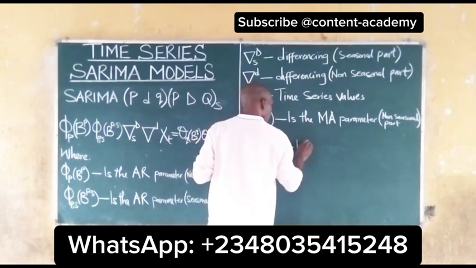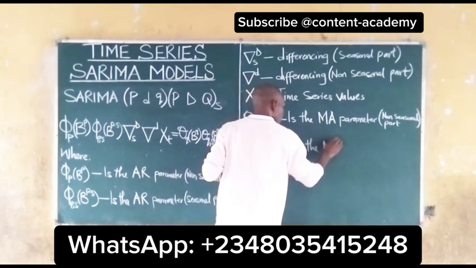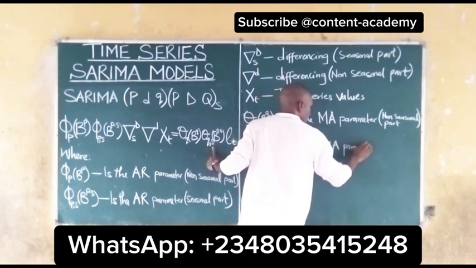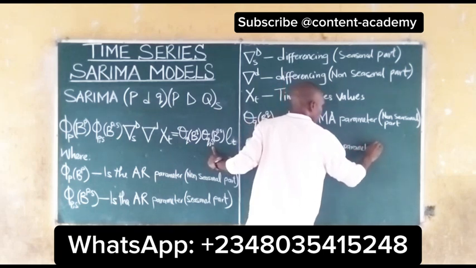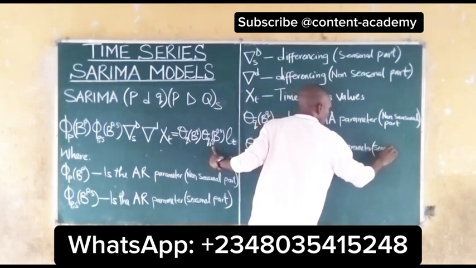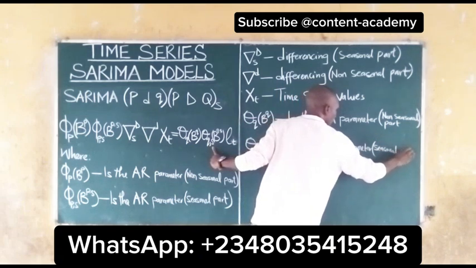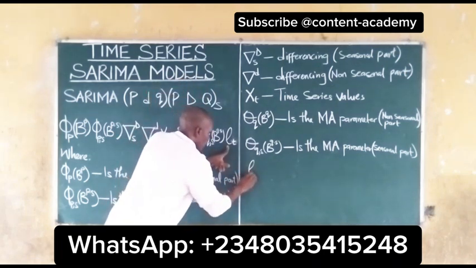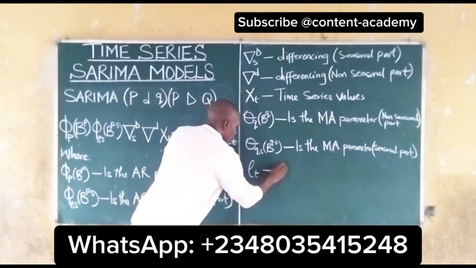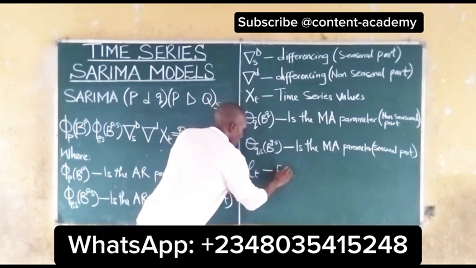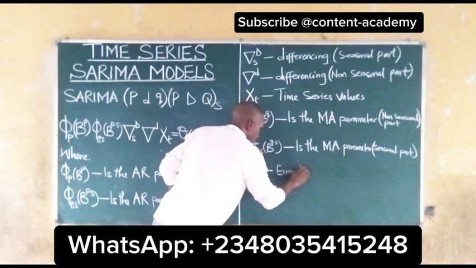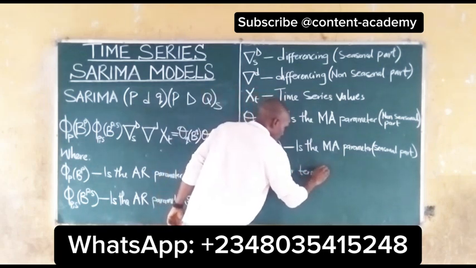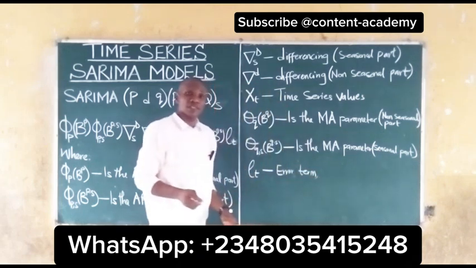This is the moving average parameter, seasonal part. Then we have e_t. e_t is the error term, or better still, you can call it the white noise process.